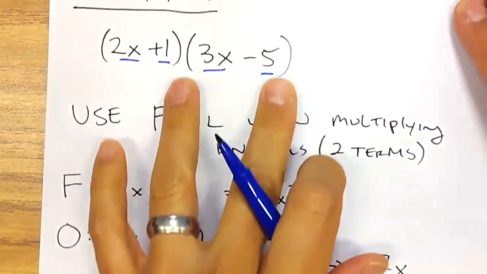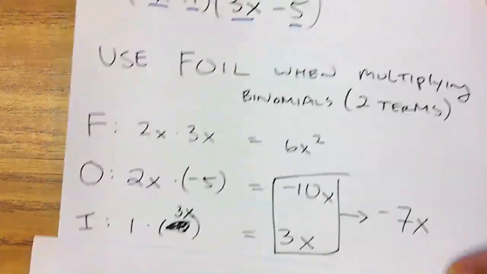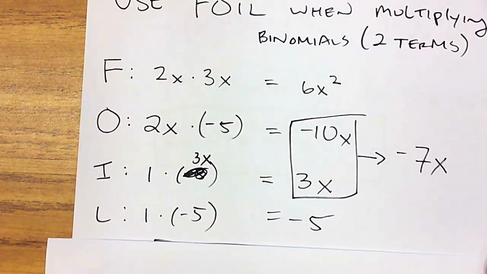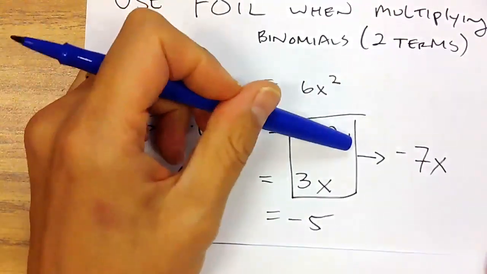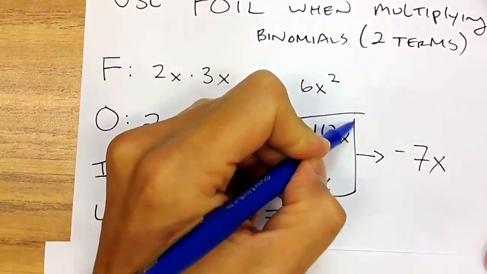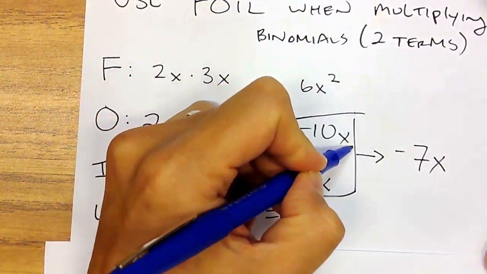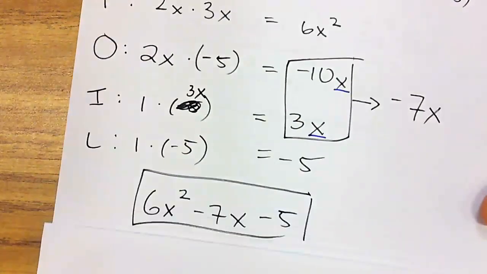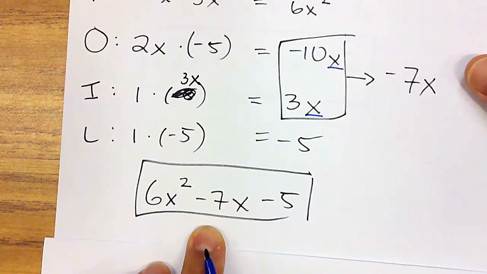And then the last part, 1 times negative 5 is negative 5. So here we have 6x squared minus 10x plus 3x minus 5. Here I gather the like terms. I see both have x's, so I can collect them, which is negative 7x, and your answer is there.